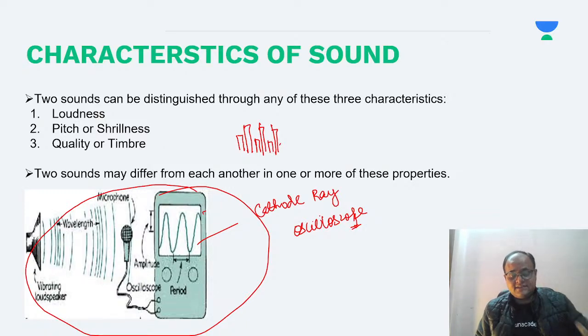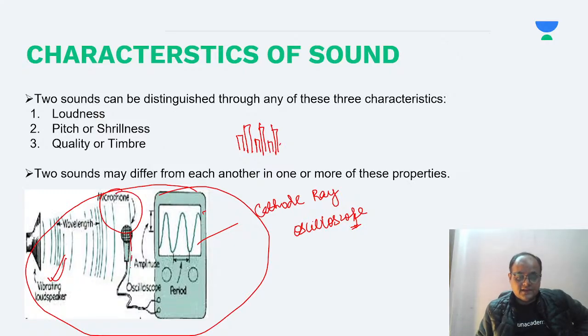You just send a signal as the input, apply it on the Y plates of the oscilloscope. I'm not dwelling into the working part. You'll study this in your engineering. How does this CRO do this? But what you have to know is that you are applying it on the Y plate. There are X plates, Y plates. That too is a technical aspect. When you apply these waveforms, see, this is a loudspeaker through a microphone.